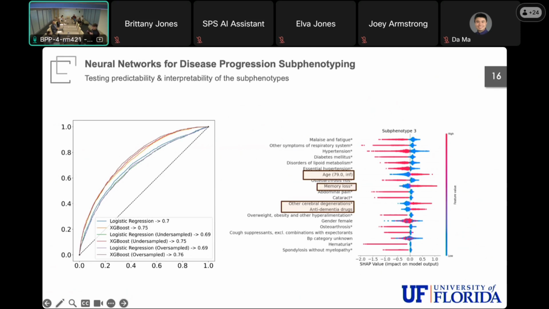They may have these drug uses, and if the patients have more drug uses in this cohort, it would be proof that these patients will go to the high rapid progression pattern. So that's why the use of anti-dementia drugs shows a positive correlation to this specific subtype.